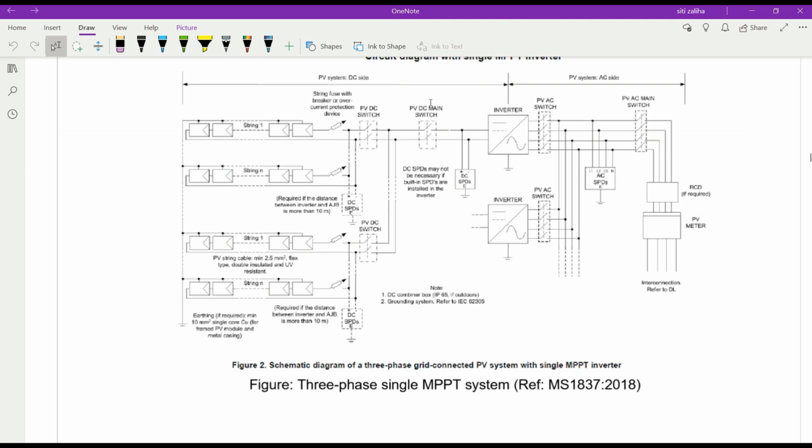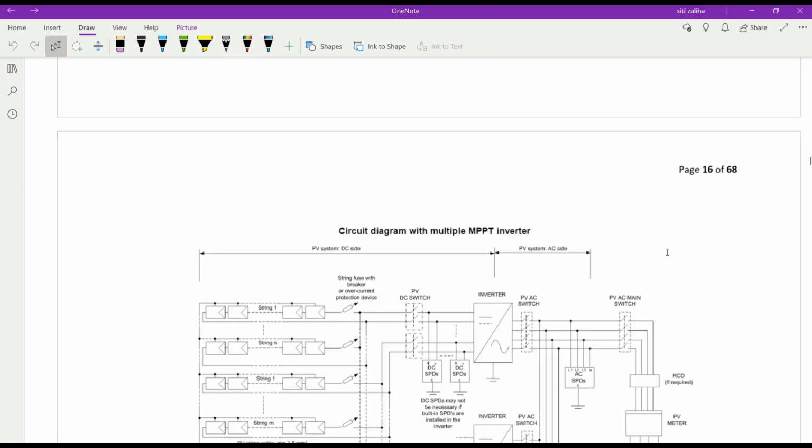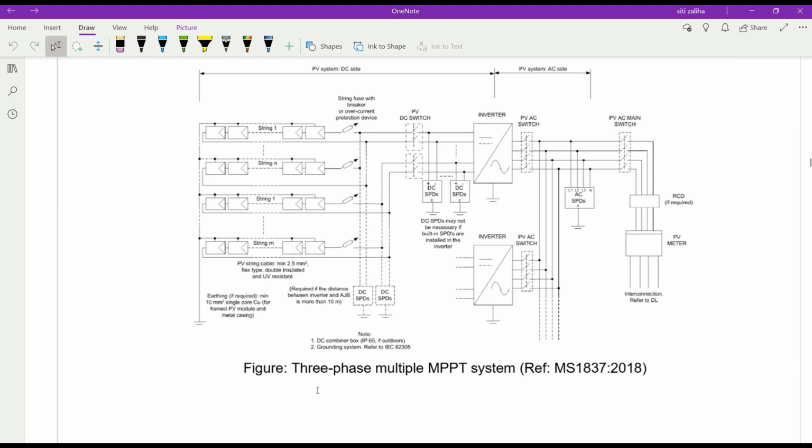On the DC side, all the same. But for this one, you have a PV AC switch for three phase, AC SPD for three phase, AC main switch for three phase. Okay, and PV meter for three phase. Go to the next schematic diagram or circuit diagram. Three phase multiple MPPT.